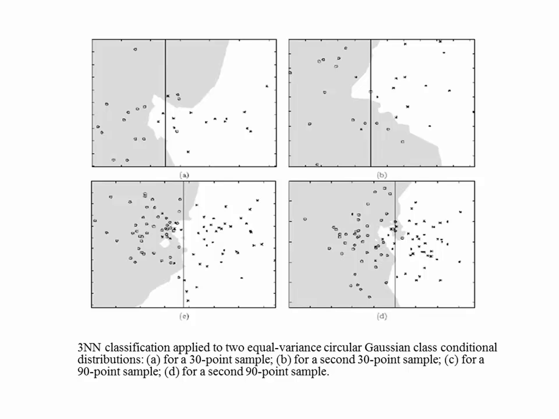On the other hand, if you do the same classification with 90 samples obtained from these two different classes, then the decision boundary that you come up with is this. Notice that, number one, with larger samples you are much closer to the actual decision boundary. Number two, the decision boundary is also more robust, because when you went from one set of 90 points to the other, things didn't change too much.